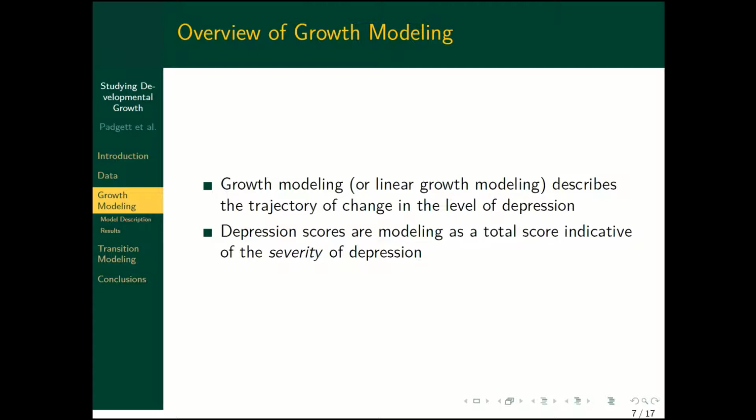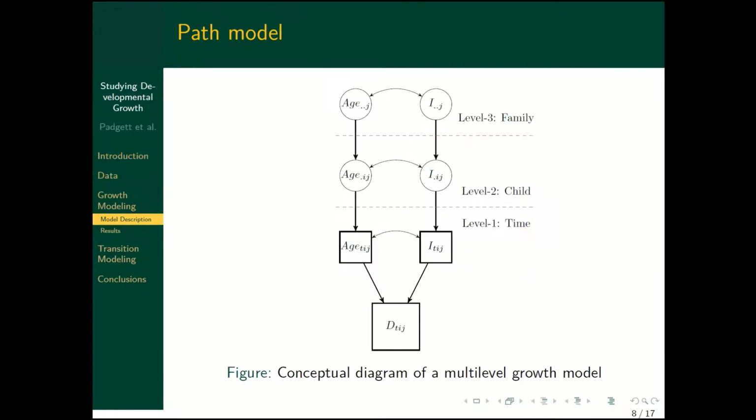So we really want to get at how this level of depression changes over time. So using the growth model, we can develop a pretty simple, straightforward three-level model that nests time within youth or children, where children are also then nested within family.